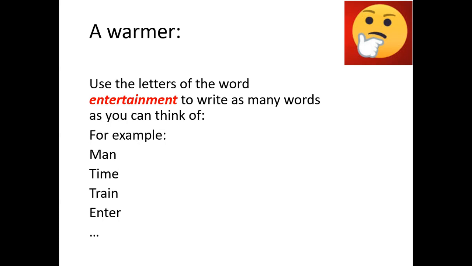For example, B or S or F or G or W. No, you only use the letters here, okay? And for example, the letter R is only one time. So you cannot write a word with 2 R's. No, it has to be only one. You only use the letters we have here. Okay? Good. And as I said, this activity should take you 3 minutes.